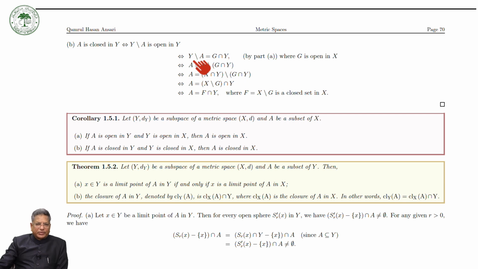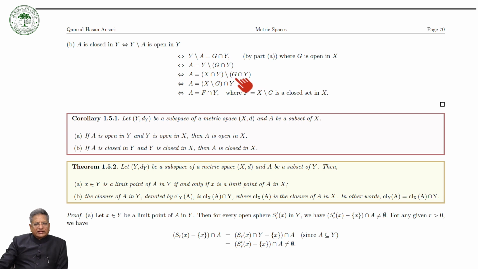So every open set in Y can be written as the intersection of an open set G and the subspace Y, where G is open in X. Now this is equivalent to saying that A is equal to the complement of G intersection Y in Y. And then this is equivalent to saying that A is equal to (X intersection Y) minus (G intersection Y).